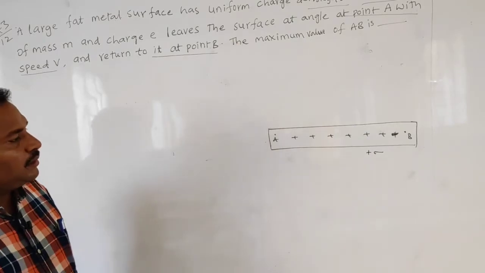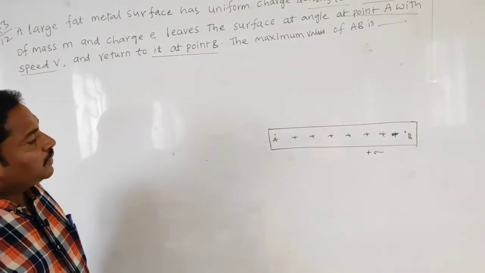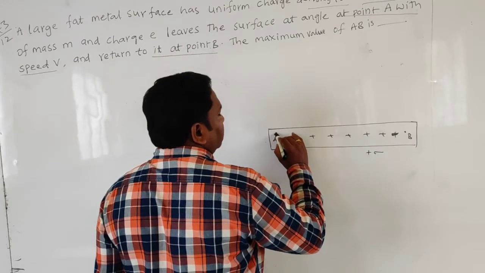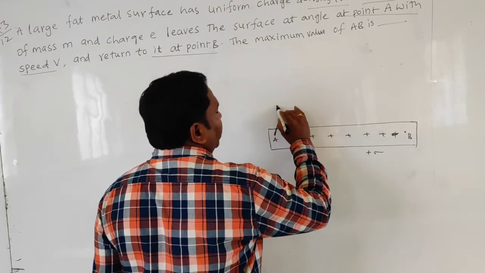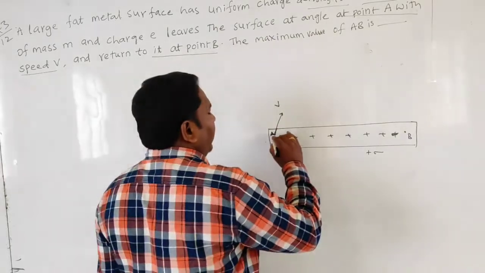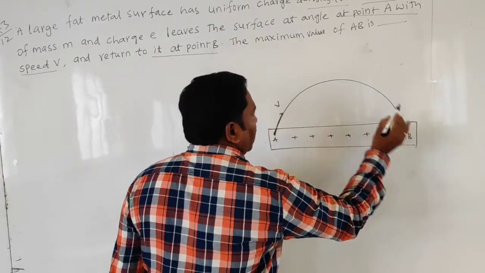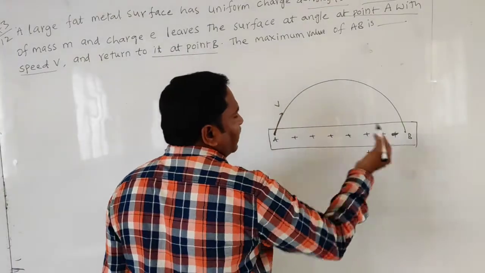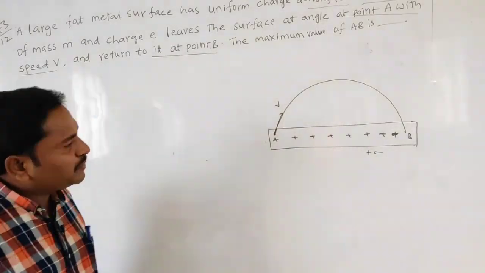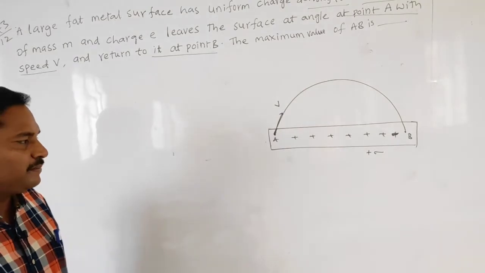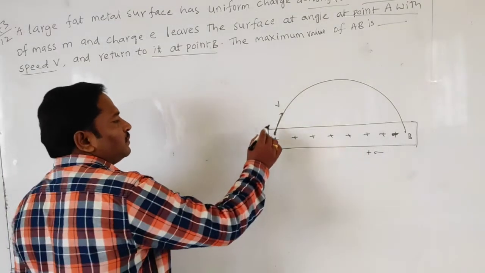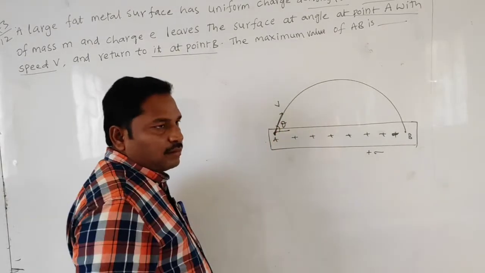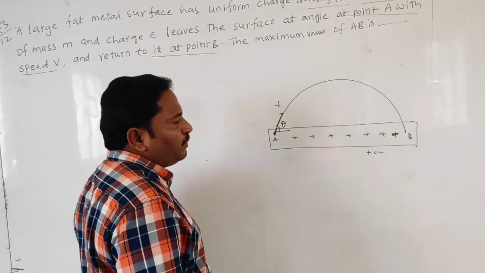Now a charged particle is projected, leaves from this point with velocity v and reaches point B. This is called the maximum range. So what is the maximum range AB? We are going to find it. Let's say the angle is theta.